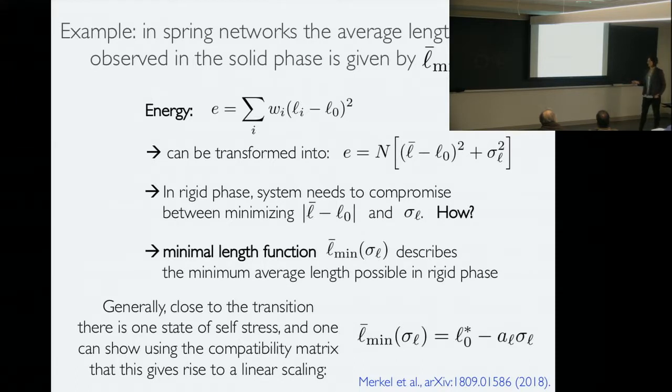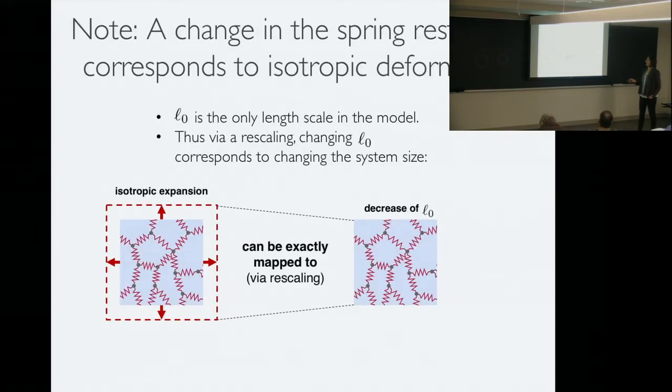And I'm not going to go through the math, but close to the transition, there's basically one state of self-stress that enters at the rigidity transition. Using the compatibility matrix and a few other tricks, you can show analytically that this gives rise to a linear scaling. So this is an analytic result that I'm not going to go through, but I'm happy to tell you about it.